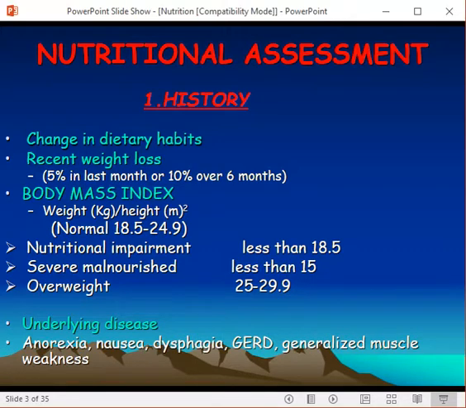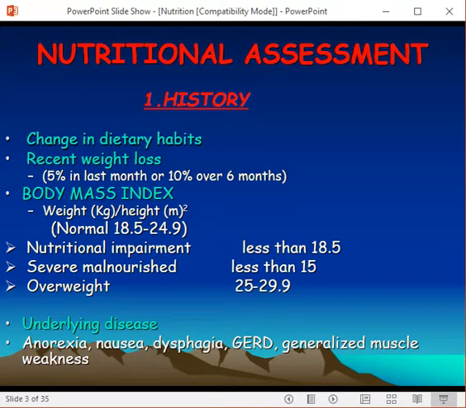You interview the patient about the change in dietary habits, and if there is a history of a recent weight loss, it is very significant. A 5% weight loss in the last month or 10% over 6 months is very significant. And then the other way is the body mass index.